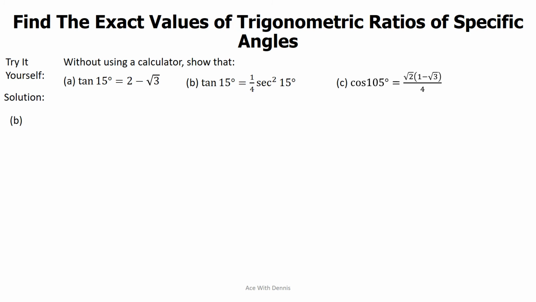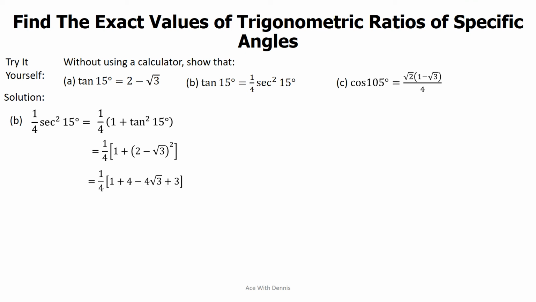For B, we'll start from 1 over 4 secant square 15 degrees. It equals 1 over 4 times 1 plus tangent square 15 degrees. We know that tangent 15 degrees is 2 minus root 3. So it becomes 1 over 4 bracket 1 plus 2 minus root 3 square.